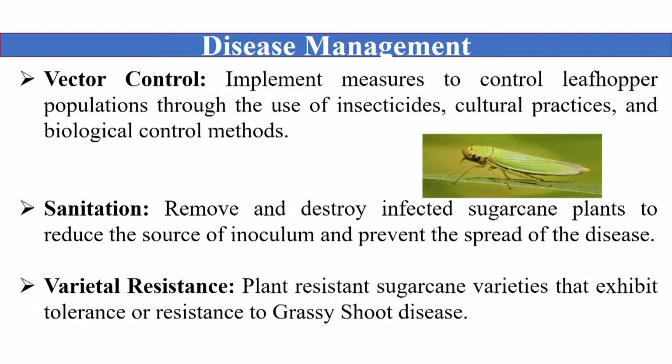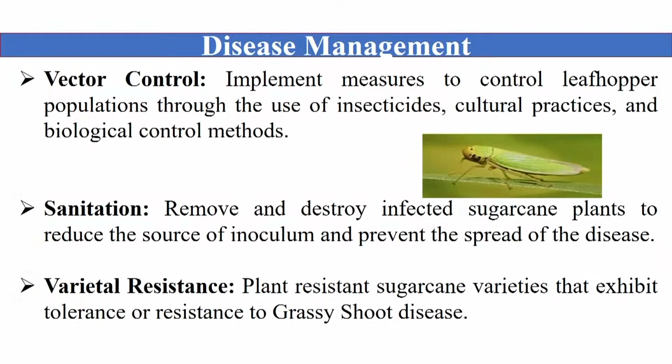And sanitation is one of the most important practices to minimize the insect vectors. You can remove and destroy the infected sugarcane plants to reduce the source of inoculum, and it will prevent the spread of the disease.